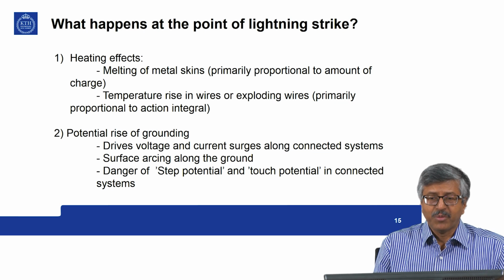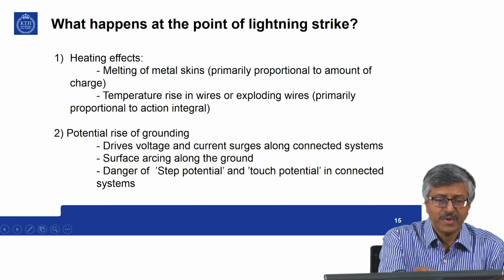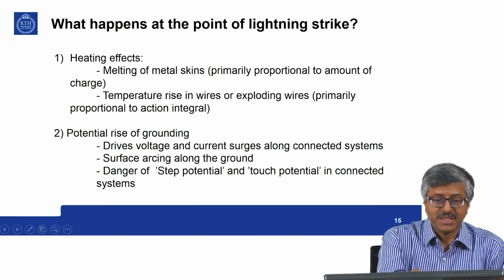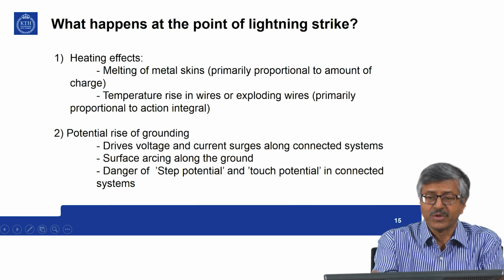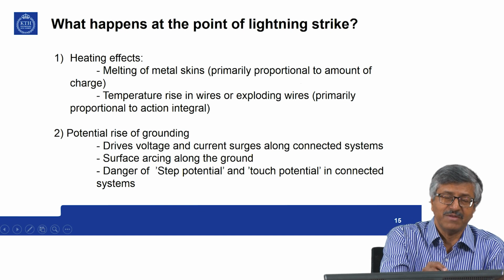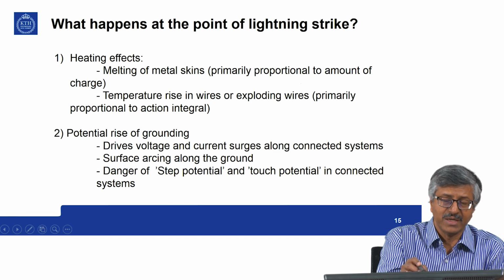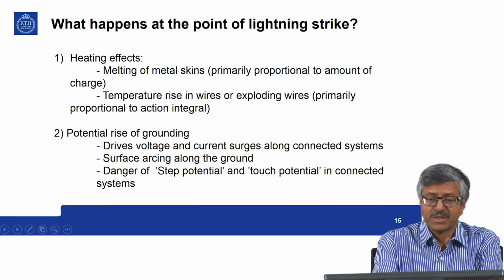So, what happens at the point of lightning strike? One is the heating effect because of the large currents and temperature. So, melting of the metal skins, which is primarily proportional to the amount of charge involved, that is the integral of the current over time, and temperature rise in wires or exploding wires.